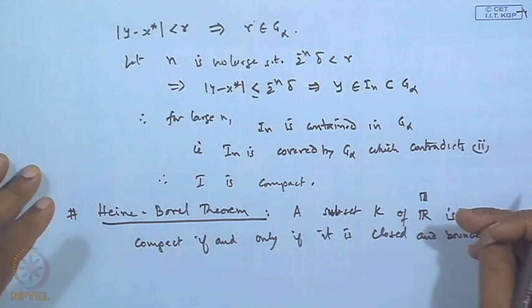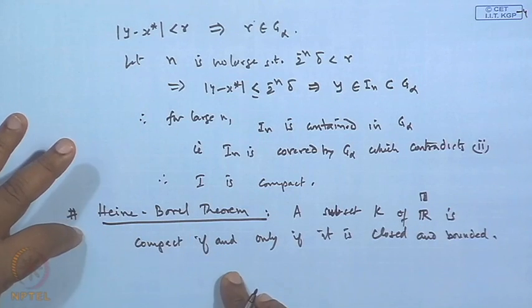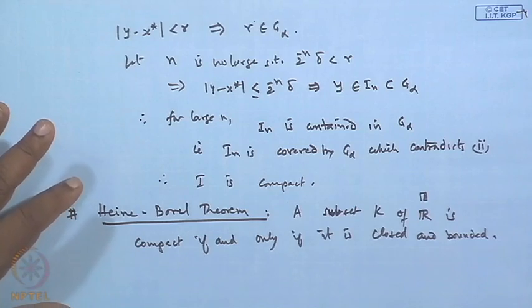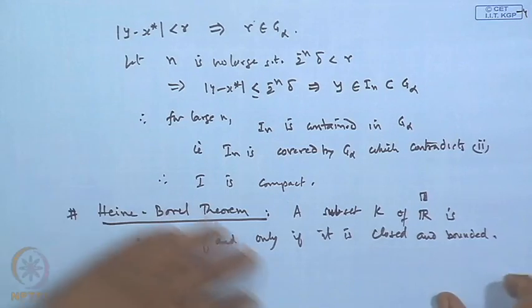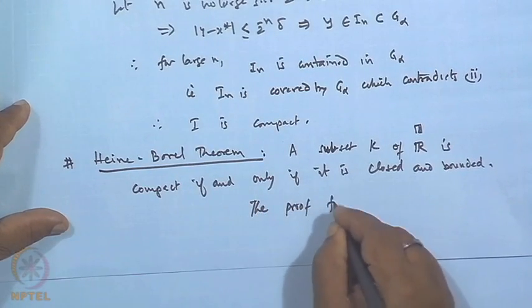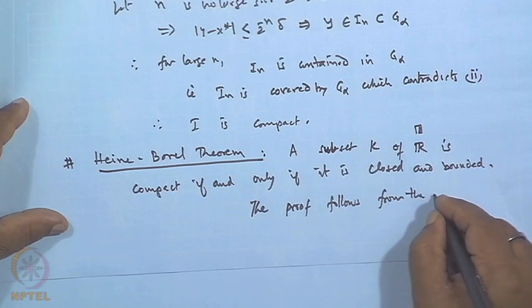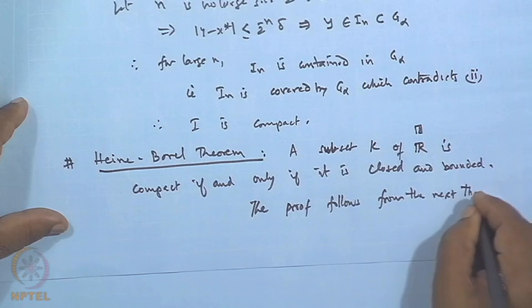In general, in R K space we will prove some results, and in a particular case we can derive the Heine Borel result. The proof of this follows from the next theorem. What is this theorem?